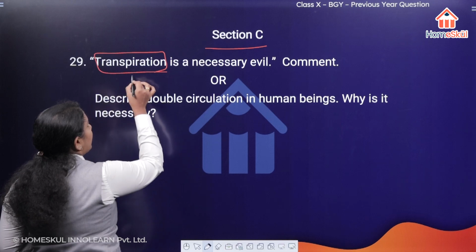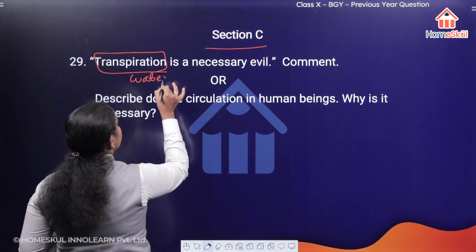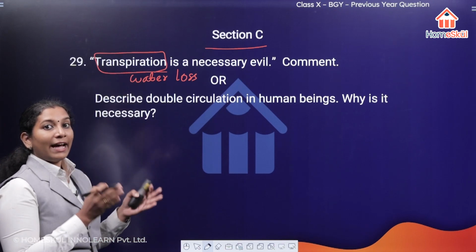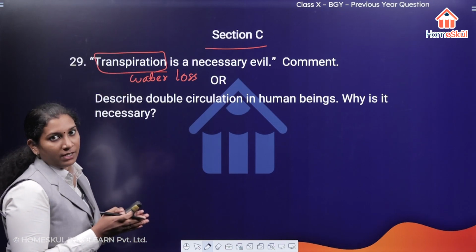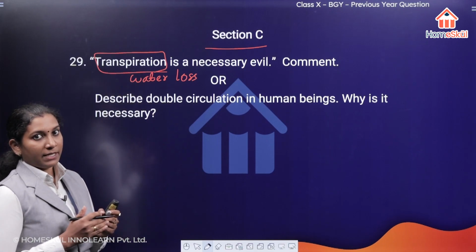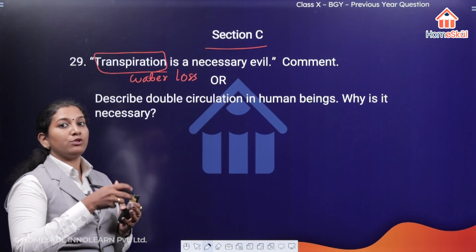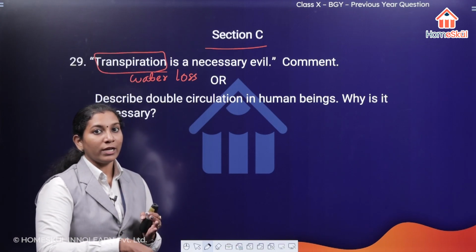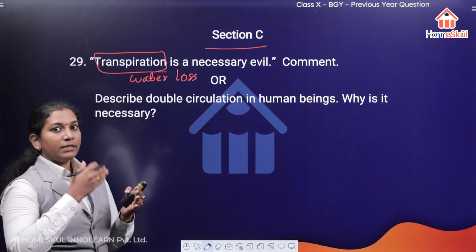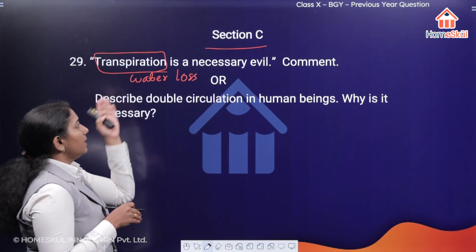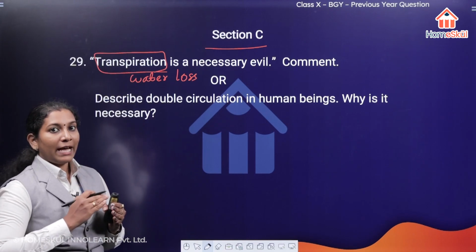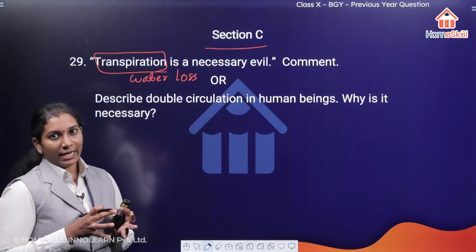So it is a process that leads to water loss. In that sense, it is an evil. But only when transpiration happens can the plants absorb more water from the soil through the roots. When the plants lose their water as transpiration proceeds, the plant leaves lose their water content, right?